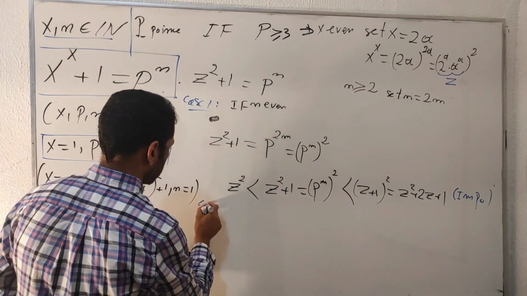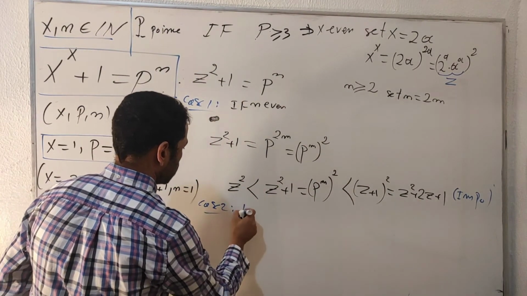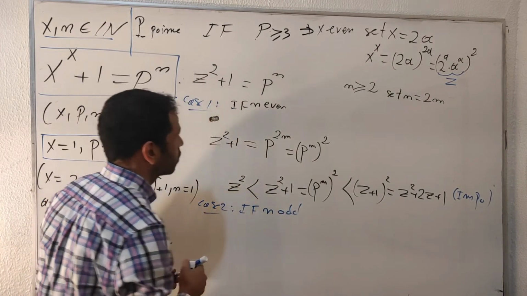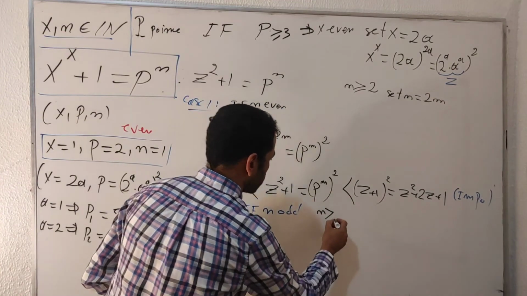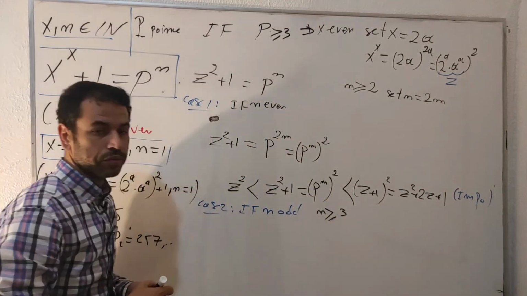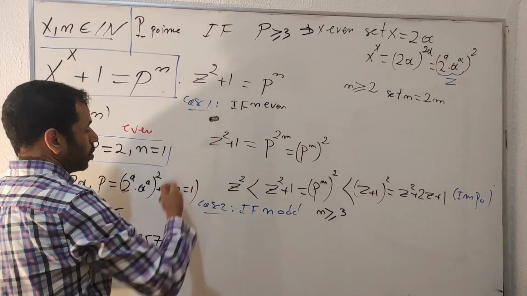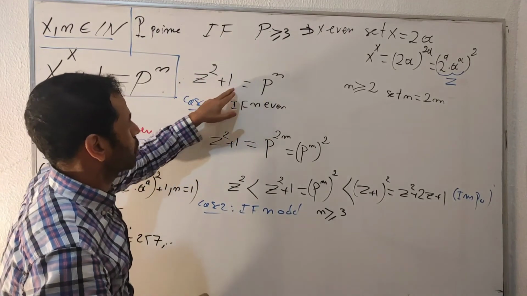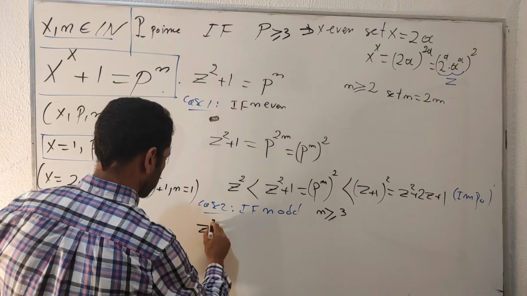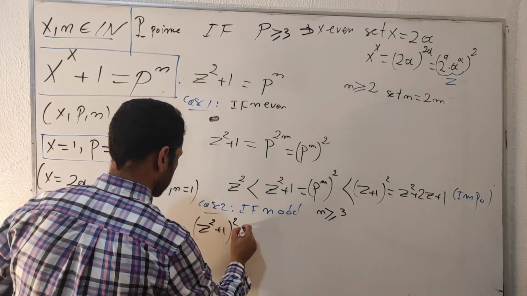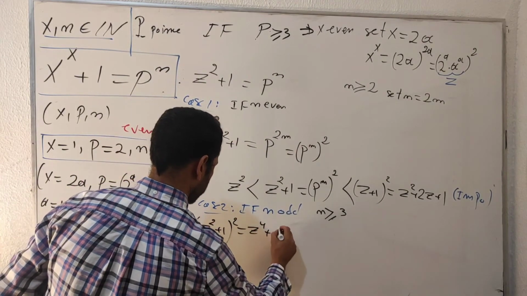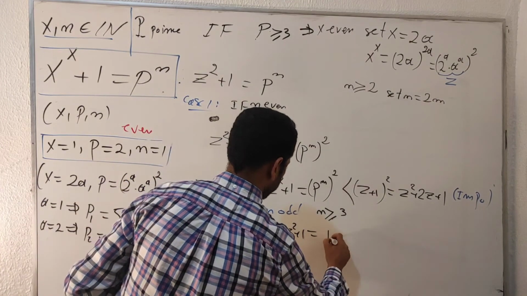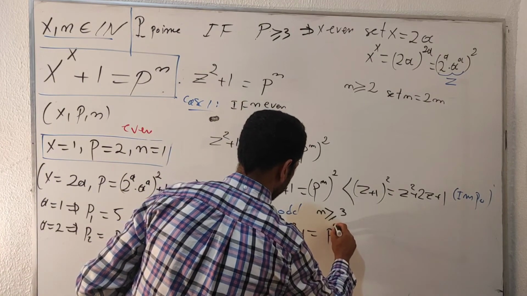Let's do the second case, case number 2. If n is odd, which means n is greater than or equal to 3. What I'm going to do now is take number 2 as a power on both sides here. I get (z squared plus 1) squared, which equals z to the 4th plus 2z squared plus 1, equals p to the 2n.